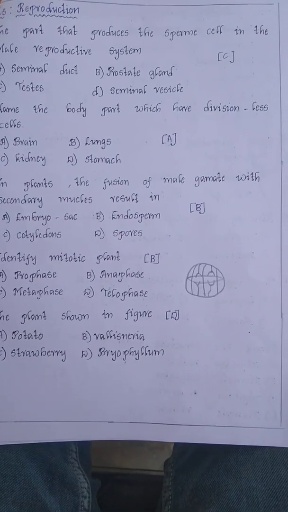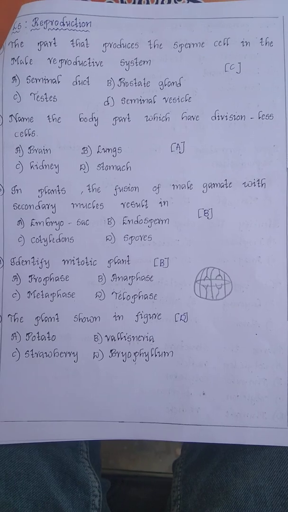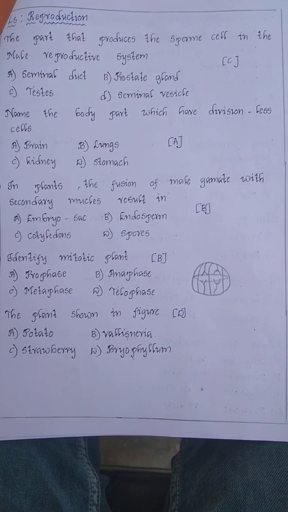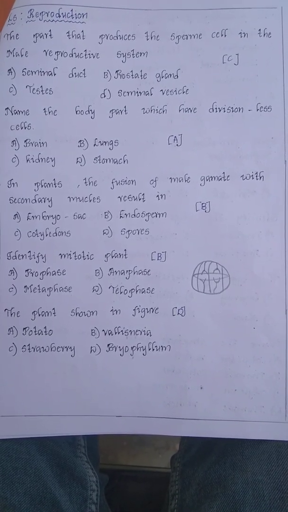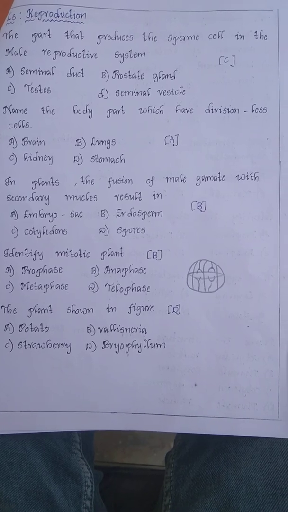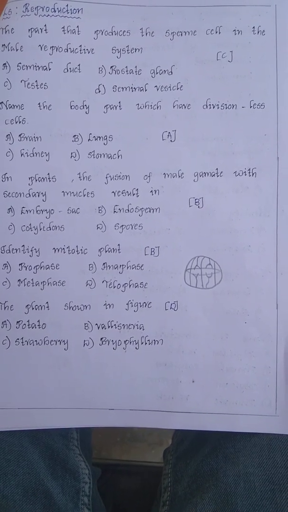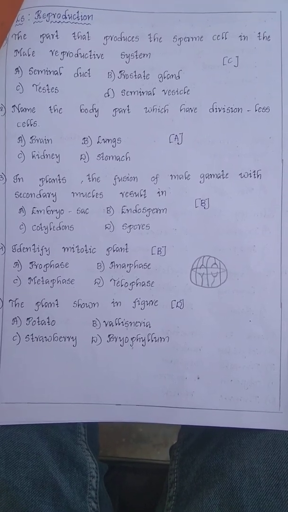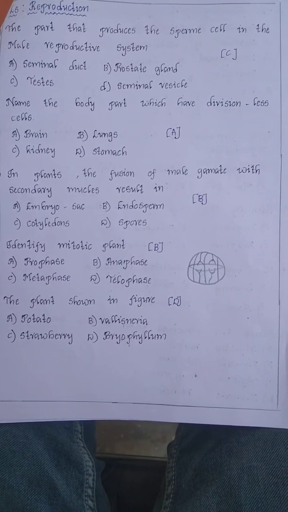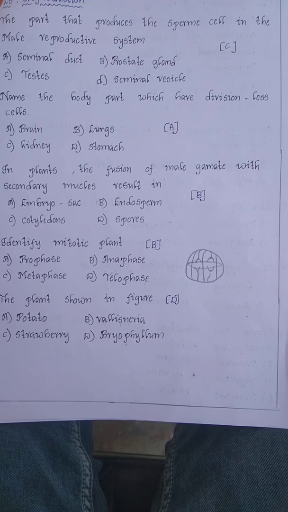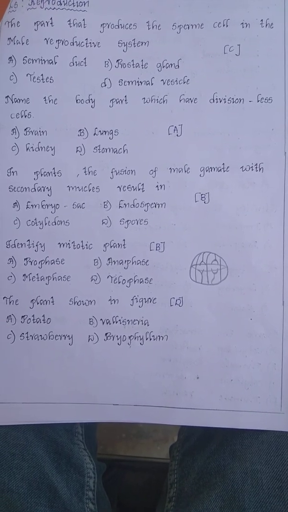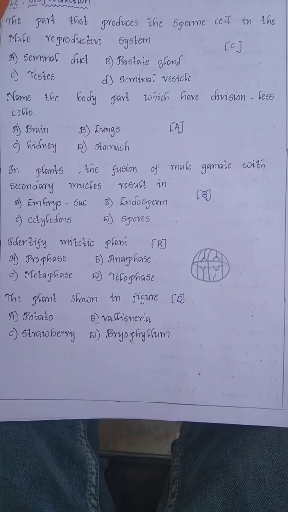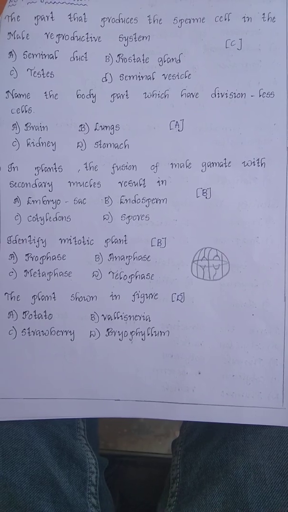Now coming to lesson number 6, reproduction. The part that produces the sperm cell in the male reproductive system, that is testes. Name the body part which has division-less cells, that is brain. In plants, the fusion of male gamete with secondary nucleus results in endosperm. Identify the meiotic stage, that is anaphase.